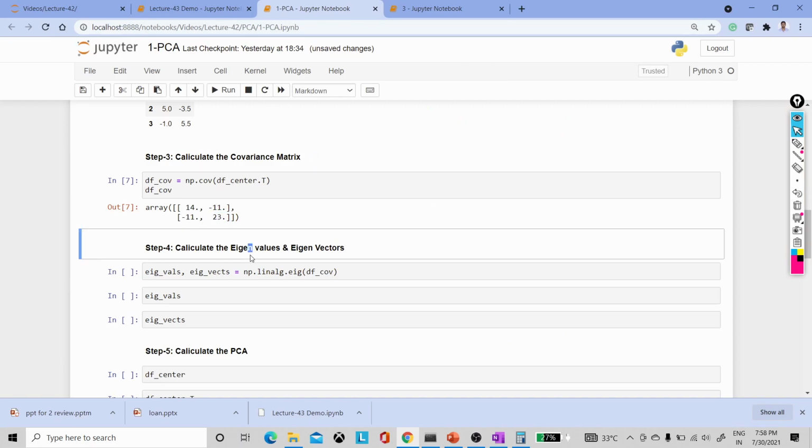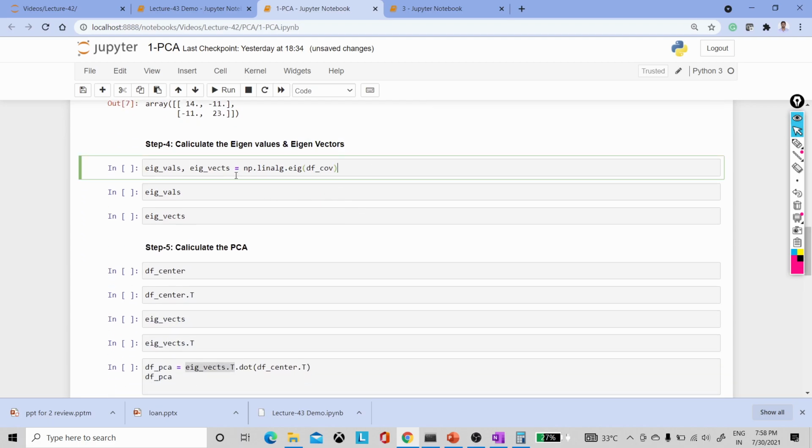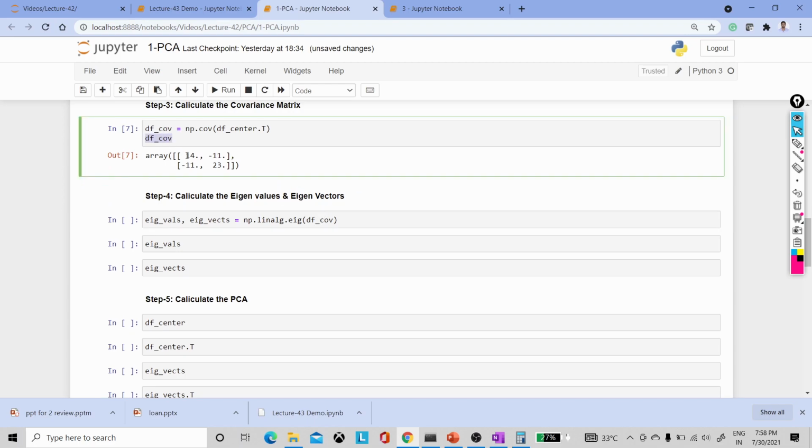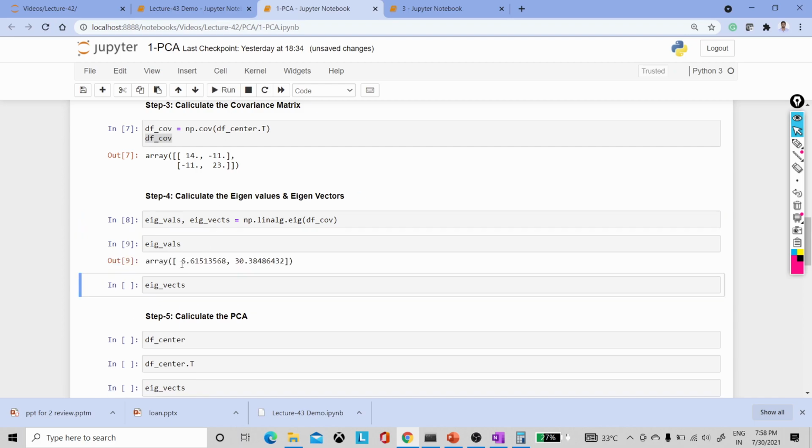Now we need to calculate the eigenvalues and the eigenvectors. For that purpose we have to import the method linalg dot eig and pass this covariance matrix. If you pass this covariance matrix, you get the roots, 6.61 and 30.38.